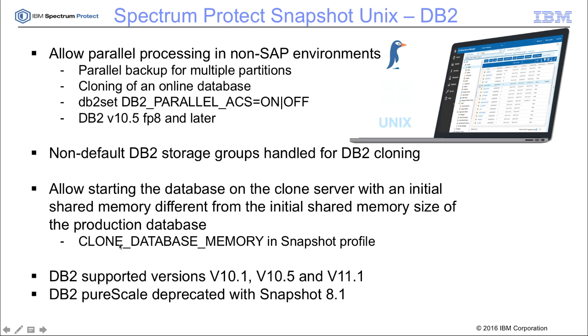And we've added the CLONE_DATABASE_MEMORY parameter in the snapshot profile that lets you change that amount of shared memory. Now, in version 8.1, the DB2 supported versions are going to be 10.1, 10.5, and 11.1. And just to note that at version 8.1, we no longer support DB2 pureScale.